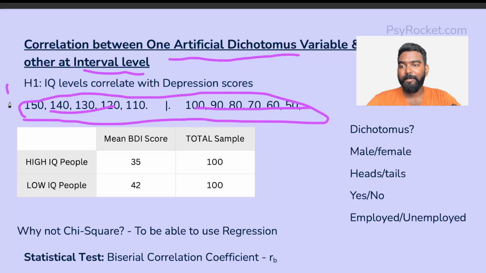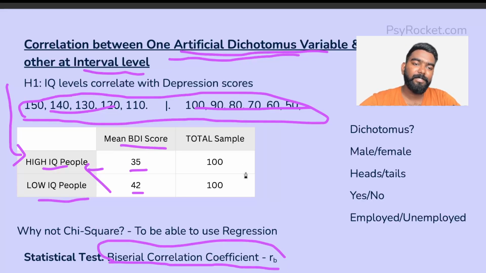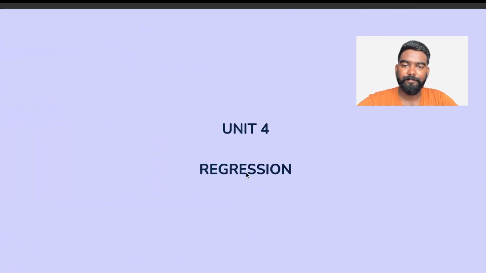These are reduced from interval level to a categorical level, which is nothing but called artificial dichotomous variables, when there are only two categories, high IQ people and low IQ people. Now you want to see whether their depression scores have a significant correlation with high IQ or low IQ. Then we will use something called the biserial correlation coefficient, which is denoted by r suffix b. Got it?